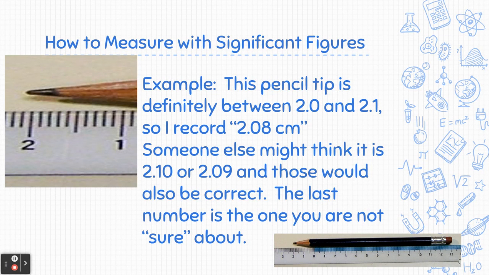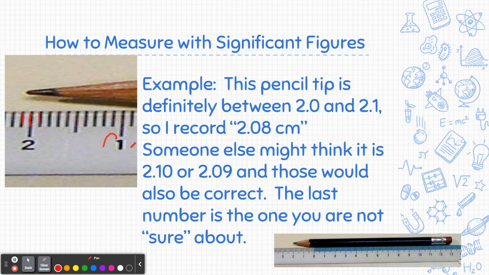And as you look at it, we'll zoom in. So for example, the tip of the pencil is definitely between 2 and 3, and it's close to 2. You could call it 2.1, 2.09. So I'm guessing one more digit than the line is. Because I have the lines for millimeters, which are these little ones here, it's 2 point something.